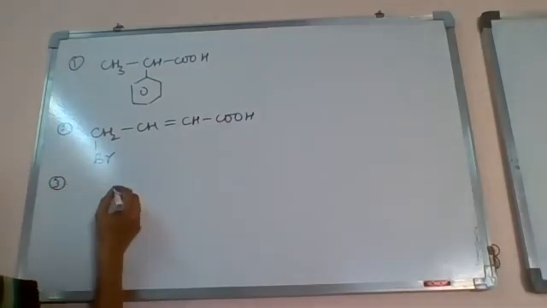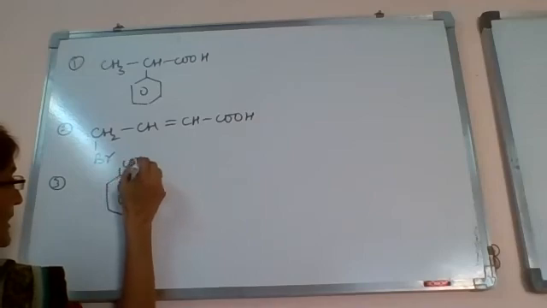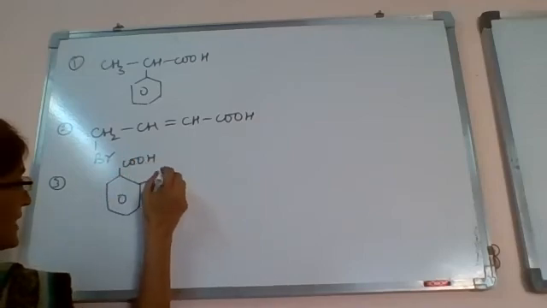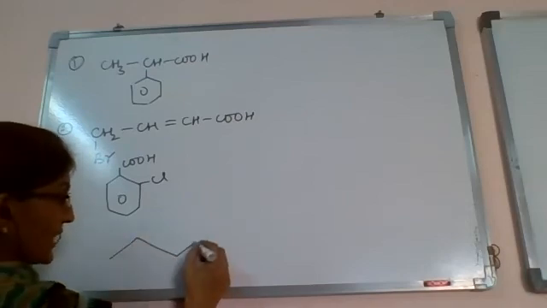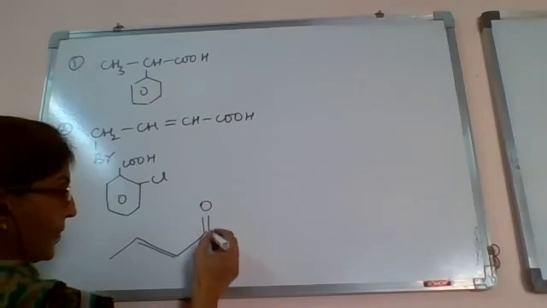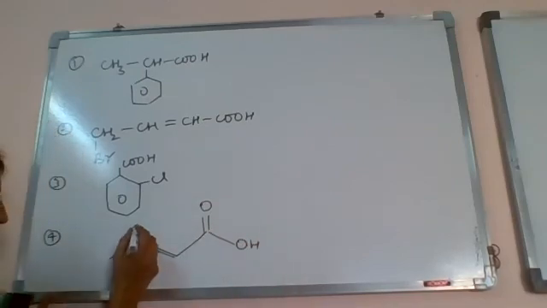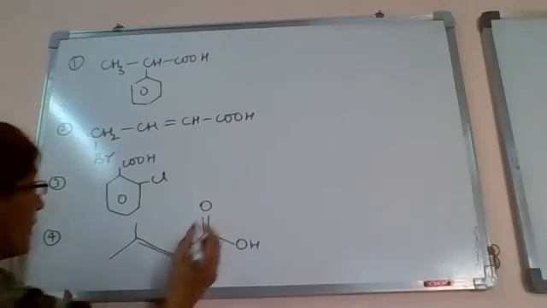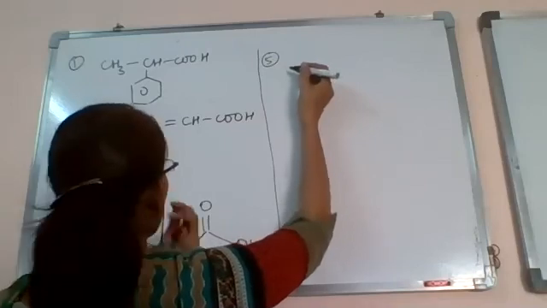Third is COOH, Cl. Fourth, they also ask from bond line representation. Fifth, just note down and give IUPAC names.